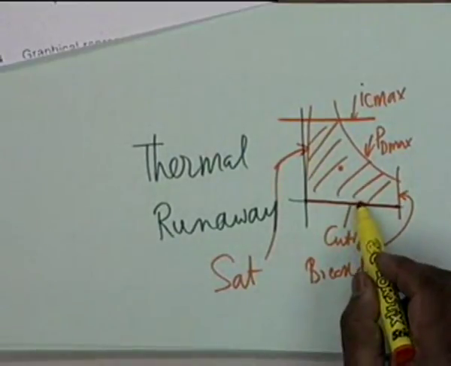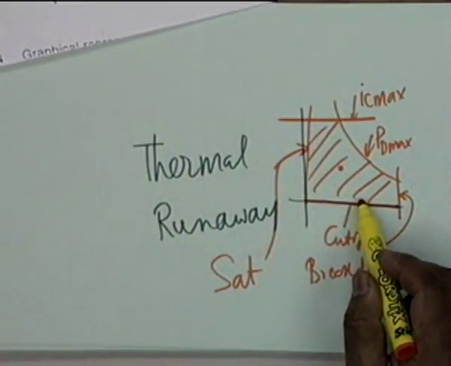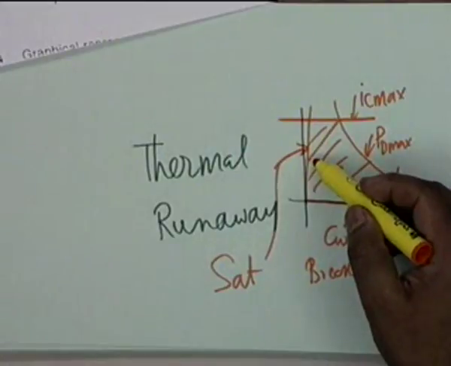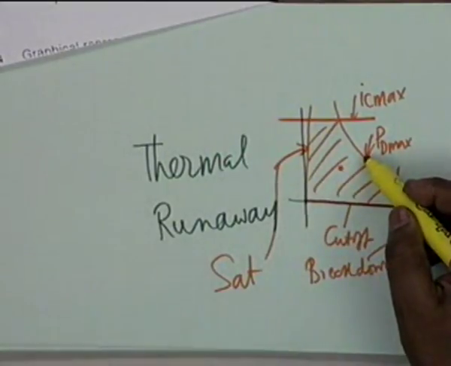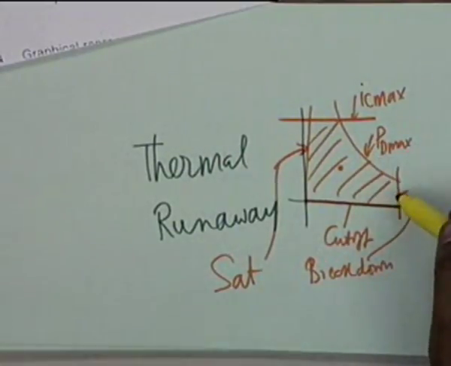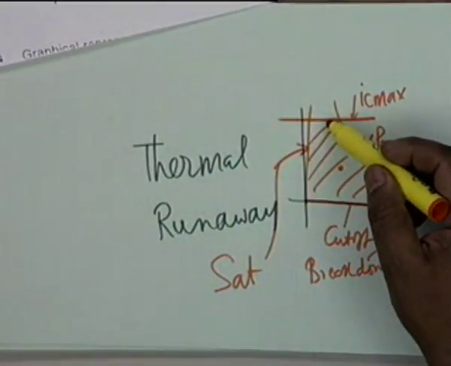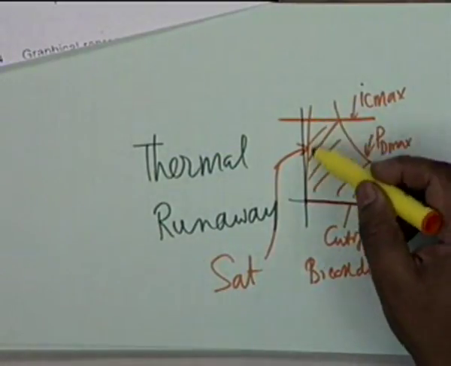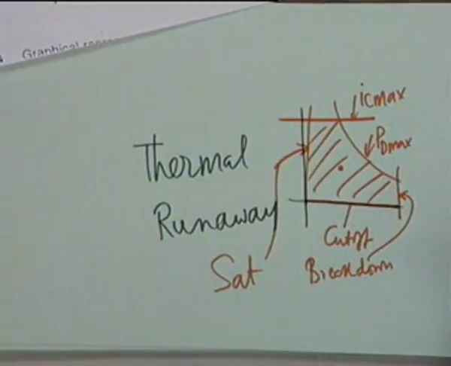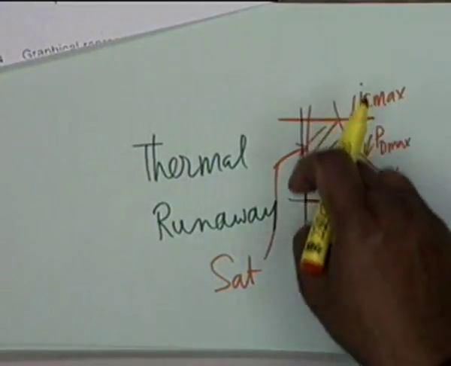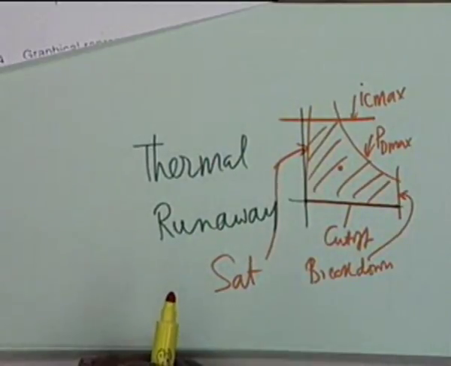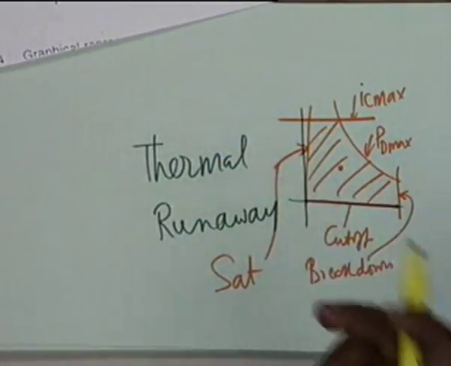It should not be too close to the cutoff. It should not be too close to saturation. It should not be too close to the PD max curve. It should not be too close to breakdown or the IC max. It must be well inside this. Is the point clear? Yes. The general principle is that the Q point must be well inside this region. Now what is the best? That depends on the situation.